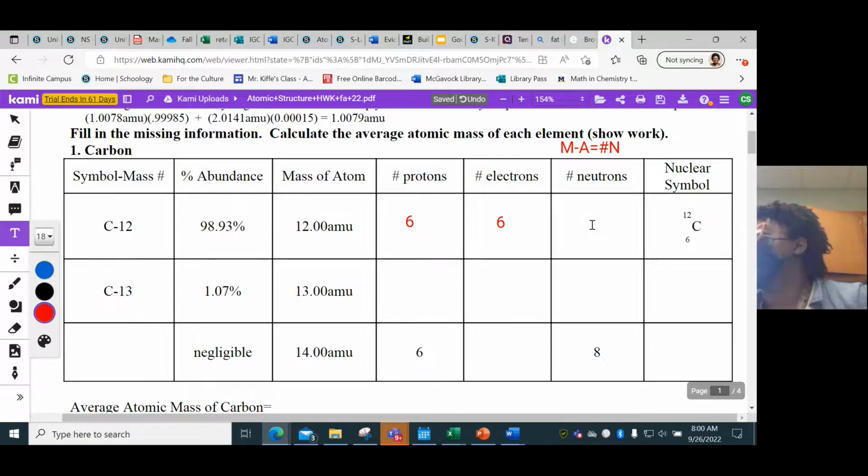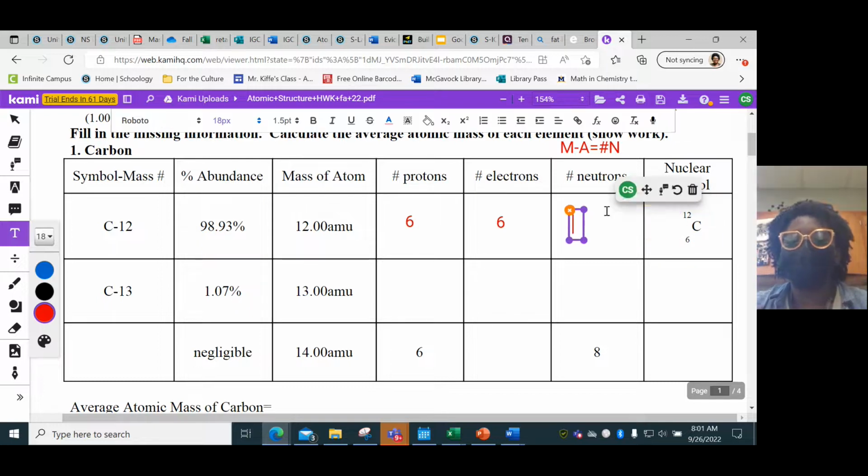That's man. See what I did there? Man and peck. Here we go. All right, how many neutrons am I going to have? This is going to be 12 minus 6, which is 6.